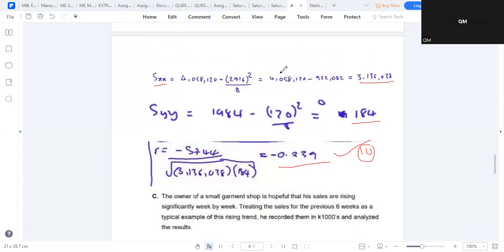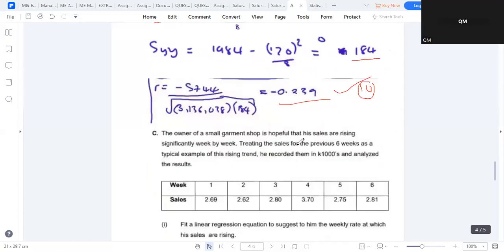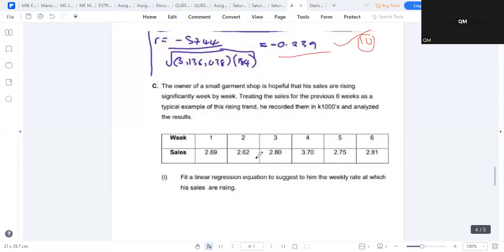Are we together? Leah, Kaisa, remember the answer is what? Negative 0.239. Good.